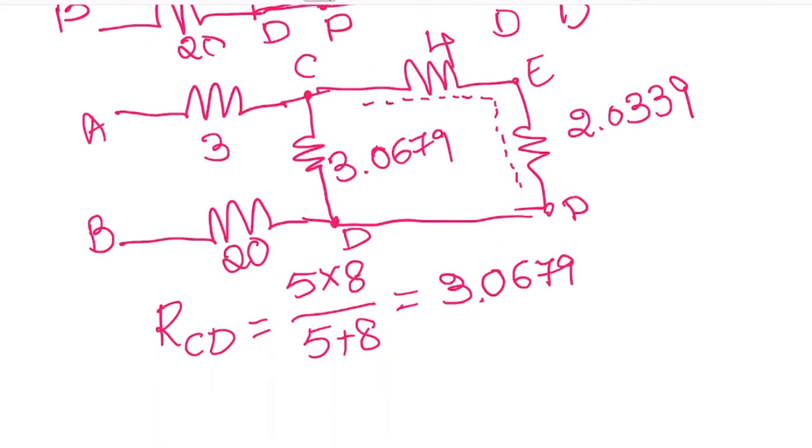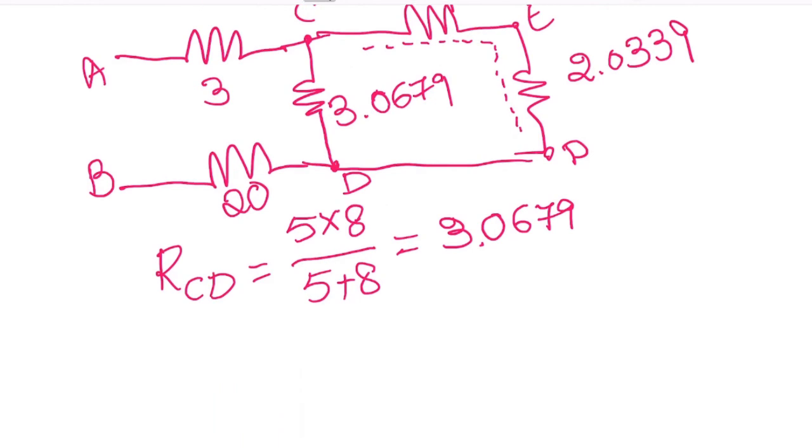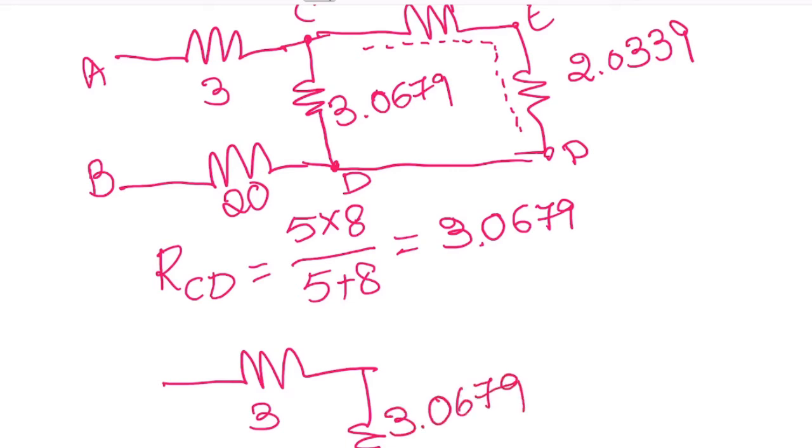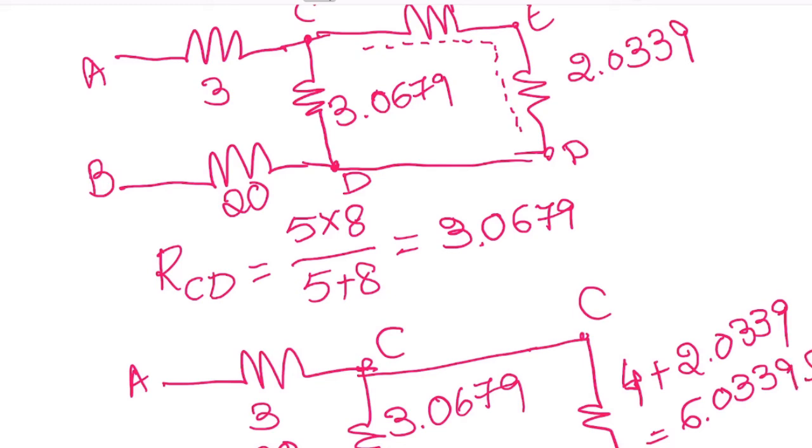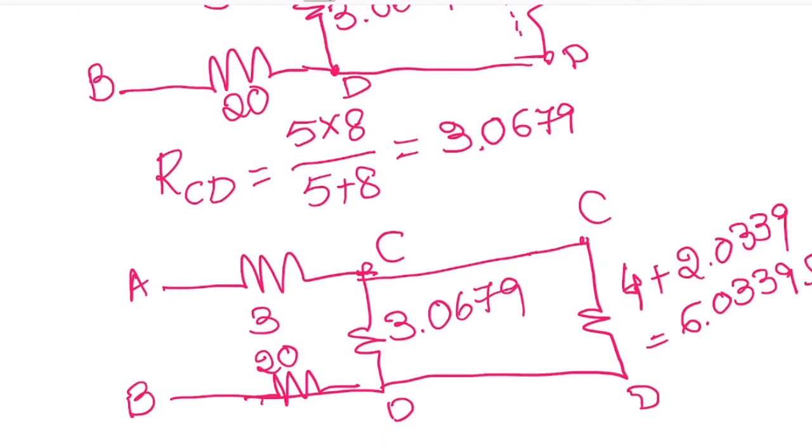Whenever it is connected in series, the equivalent resistance across C and D is 4 plus 2.0339, that is equal to 6.0339 ohms.